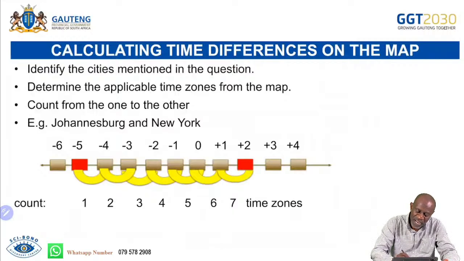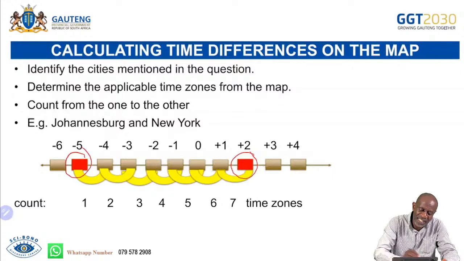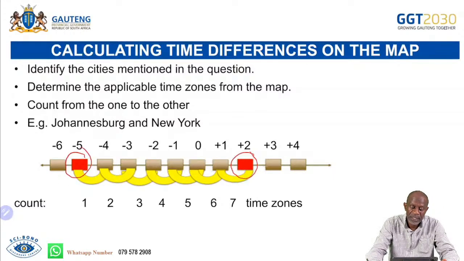Johannesburg is at +2 and New York is at -5. For you to be able to calculate the time difference, you first need to identify the cities mentioned in the question.